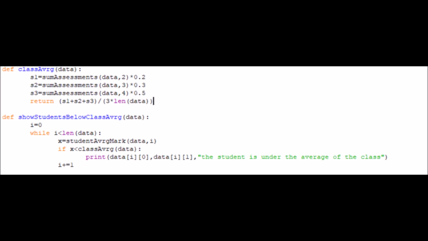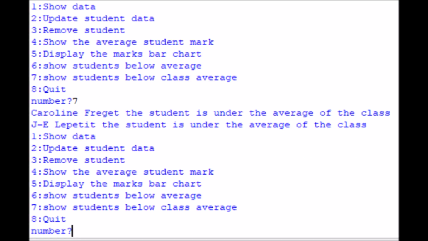Then, once this is done, I use another function to calculate the average mark of the class. And once this is also done, I do a comparison, I do a loop for each and every student to know which one is below the average of the class. If a student is not below the average, it will not show up on the screen, and if he is, it will show up.